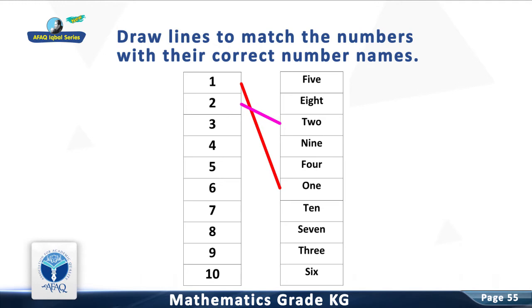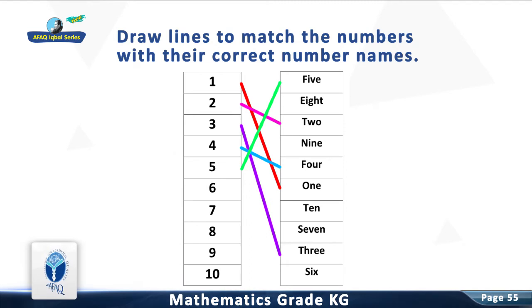Number 2 is matched with TWO 2. 3. Good. Number 3 is matched with THREE 3. 4. Good. Number 4 is matched with FOUR 4. 5.